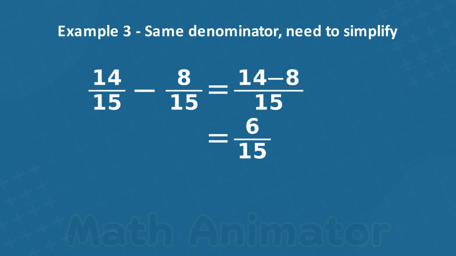The difference becomes 6/15. However, the numbers on the top and bottom have a common factor other than 1. In this case, it is 3. So, we need to reduce the fraction to its simplest form by cancelling out the common factor. Thus, the final answer is 2/5.